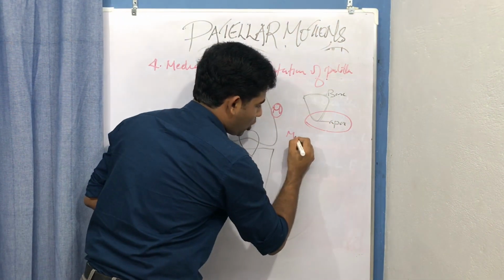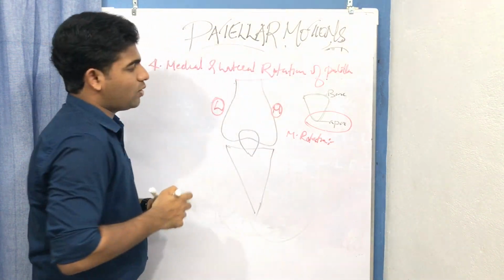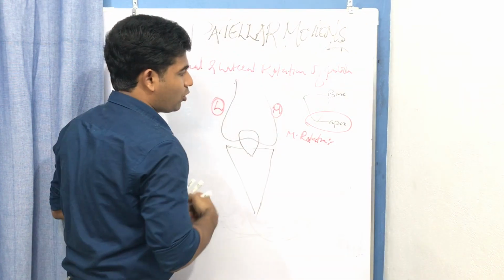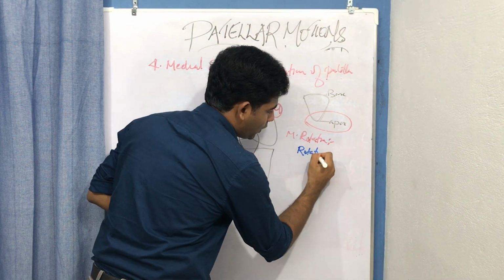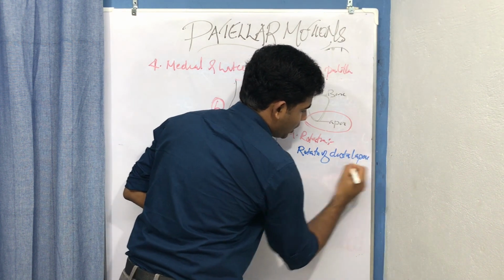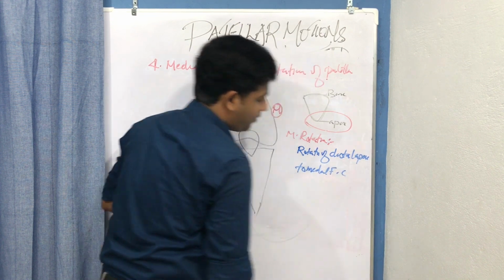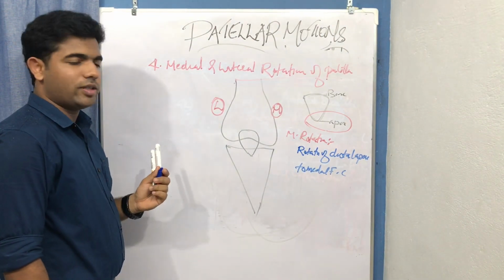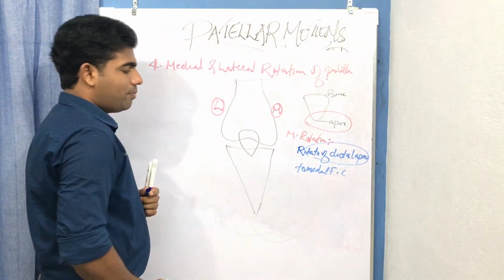So what does medial rotation mean? Medial rotation means the rotation of the distal apex to the medial femoral condyle. Always it is moving to the medial femoral condyle.